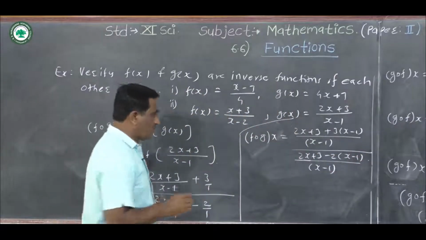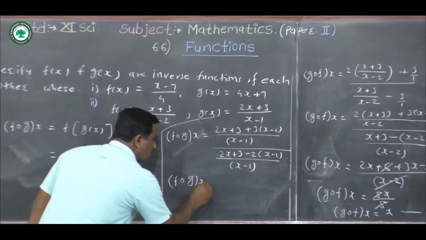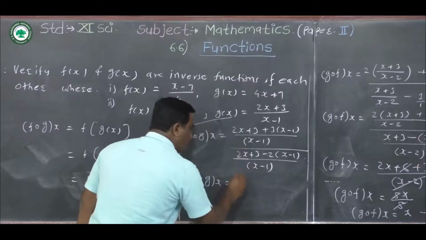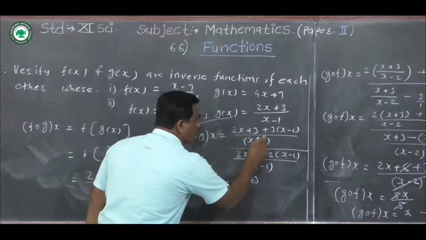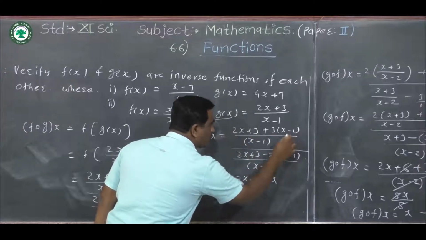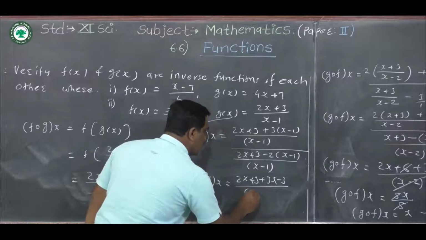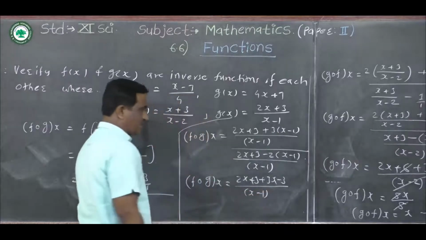Now we simplify this as g composite with f of x is equal to 2x plus 3 plus 3x, 3 into minus 1, minus 3, upon x minus 1 as it is.